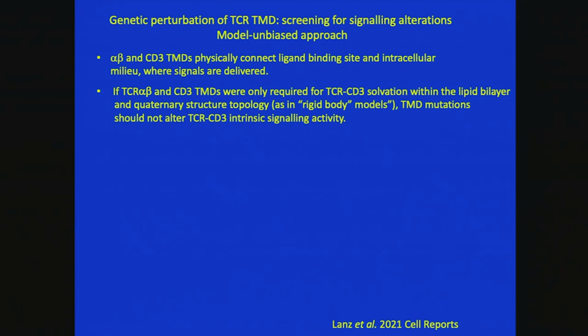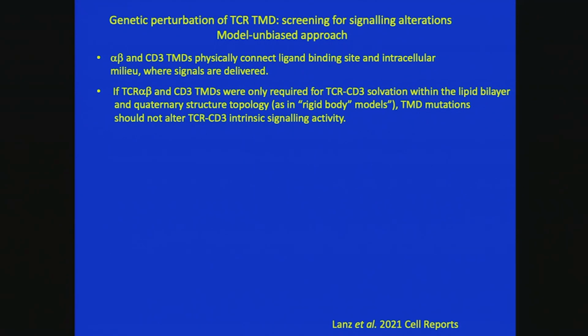And so the idea was very simple. Say, okay, if these regions, transmembrane in particular, are just needed for receptor solvation in the lipid bilayer, it's a physical thing, so okay, basta. Okay, it doesn't do anything, this is Italian, okay? Or they are important for the topology of the complex, but why is it so complicated, by the way.